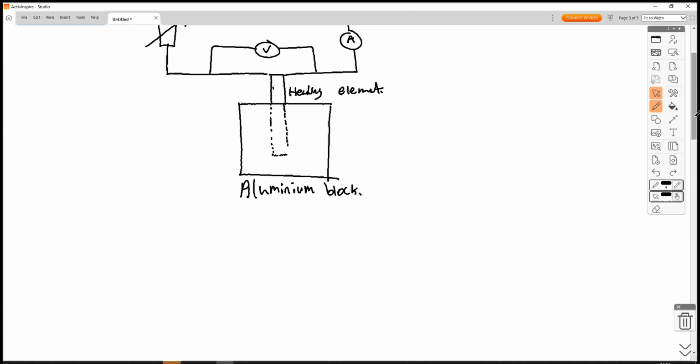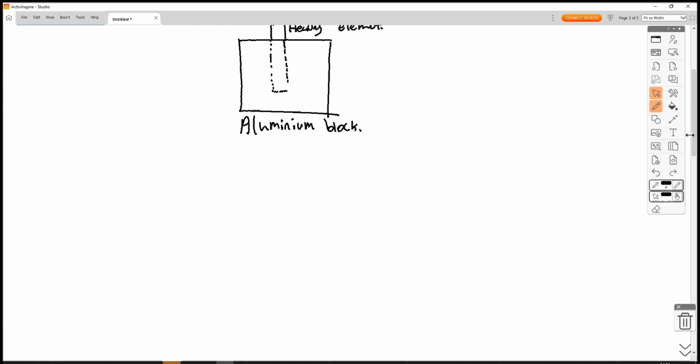So, some energy is supplied electrically to that circuit. The heating element then converts that electrical energy into heat. So we say energy is transferred to heat.